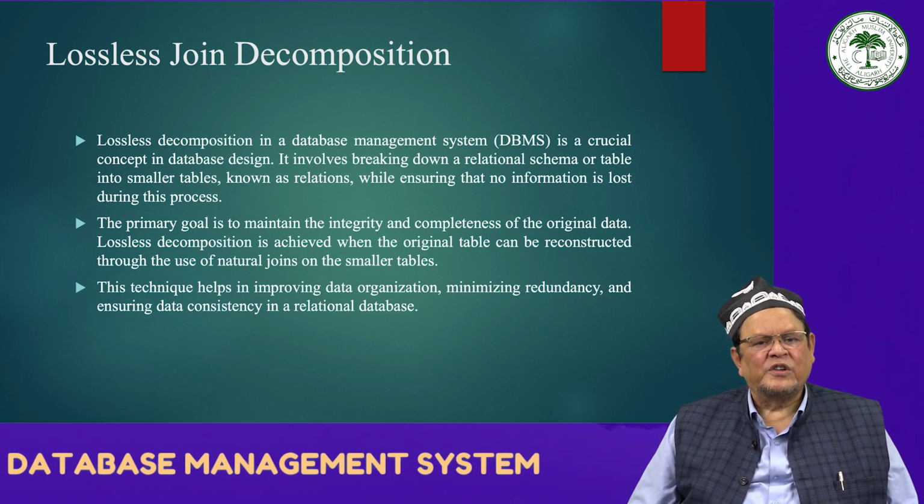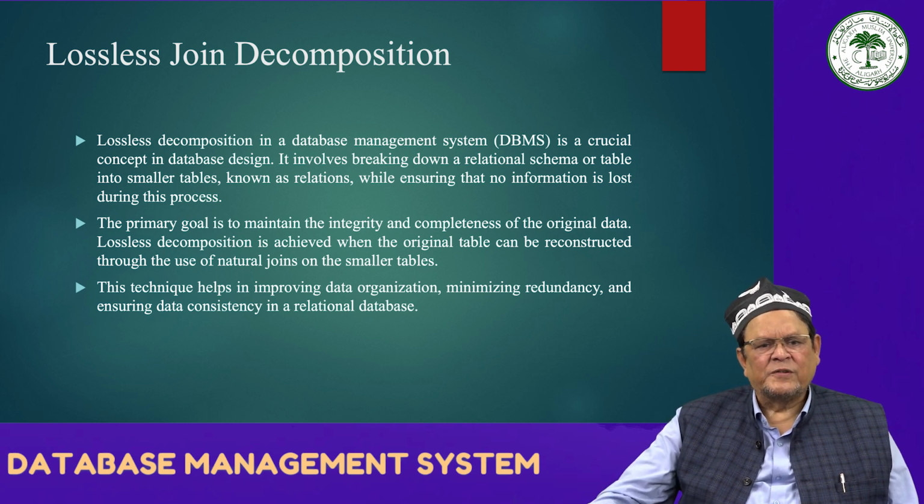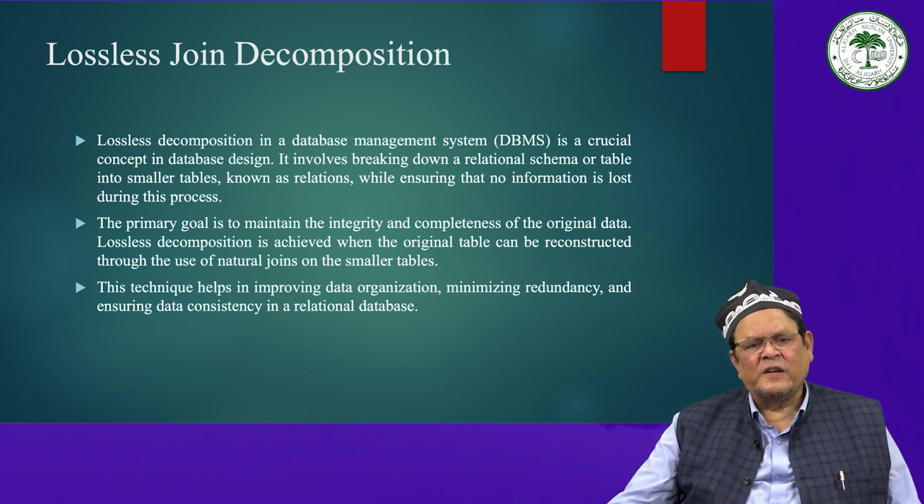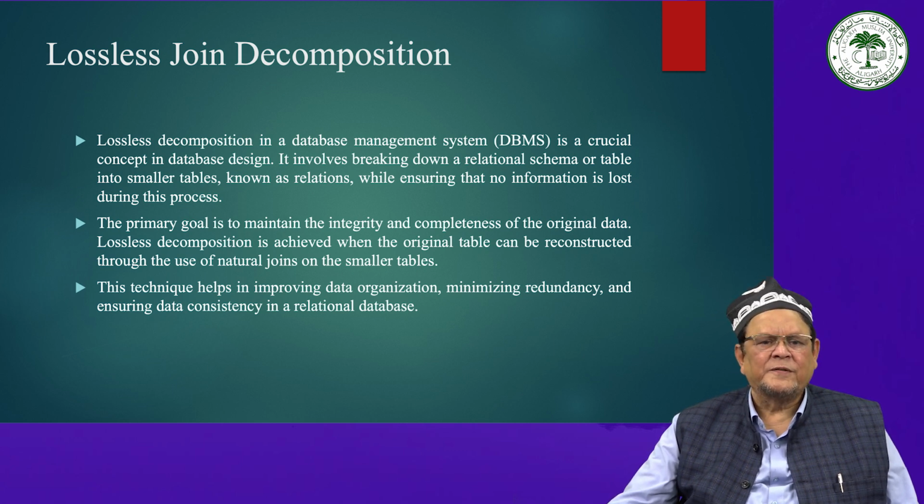Lossless join decomposition. In database management system, a lossless join is a crucial category ensuring that when combining data from two relations, or we can say tables, through a common attribute, no information is lost in the process. This property is fundamental for maintaining data integrity and consistency in relational databases.